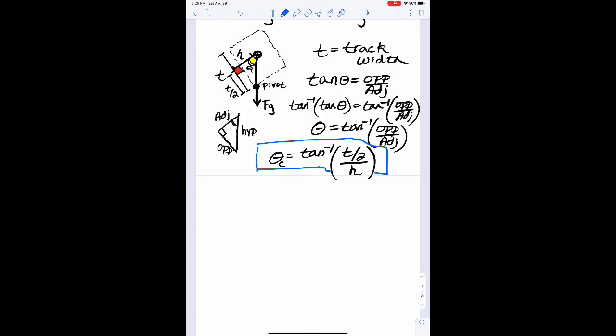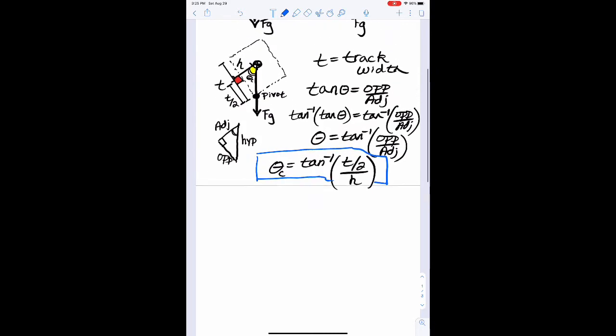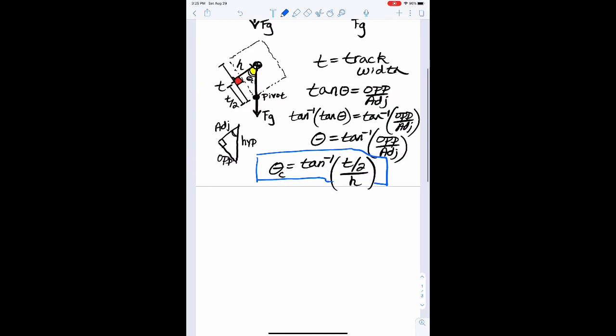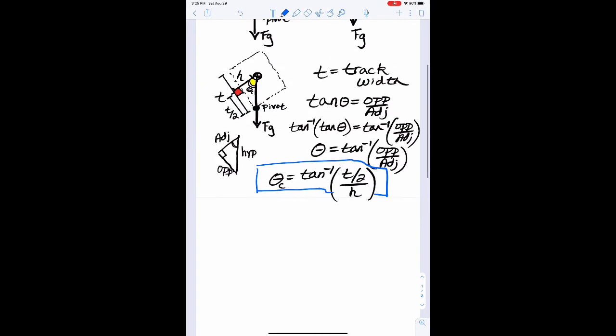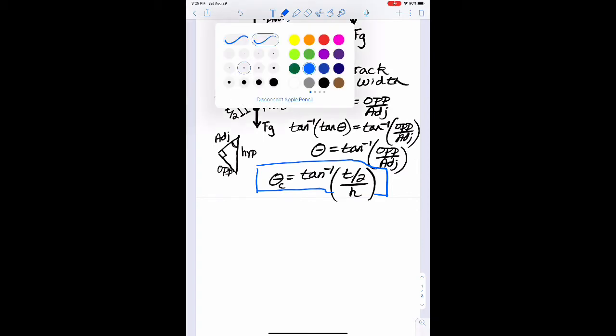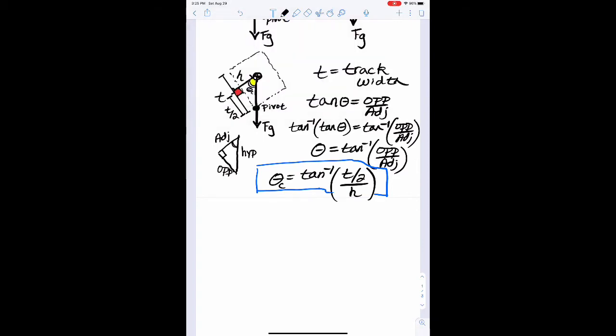Okay, another thing from the reading I want to point out is that for a vehicle, in chapter 8.2, they state that a critical angle, I could just call it theta sub c, that is greater than 50 degrees for a car is safe.